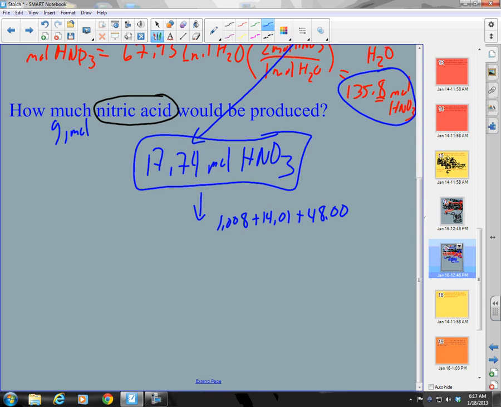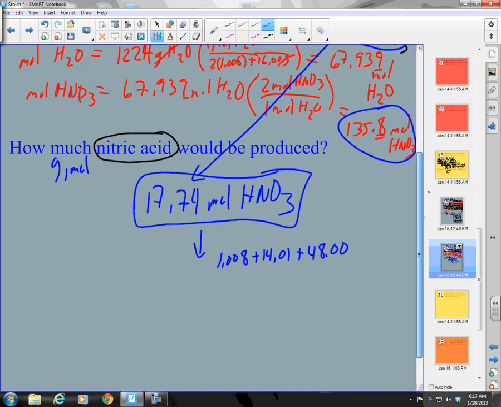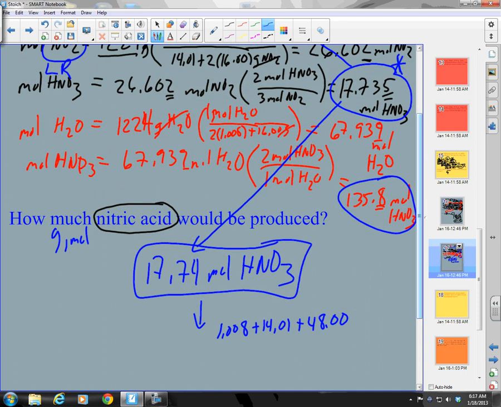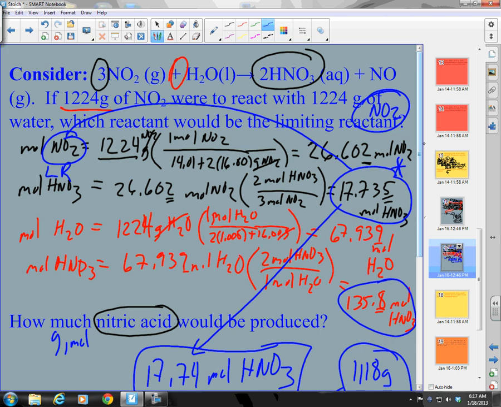So times 1.008 plus 14.01 plus 48 equals, times 17.7, let's get the unrounded amount, 735 equals, okay, 4 sig figs, I get 1118 grams of nitric acid could be produced if you were to react all of the 1,224 grams of nitrogen dioxide.